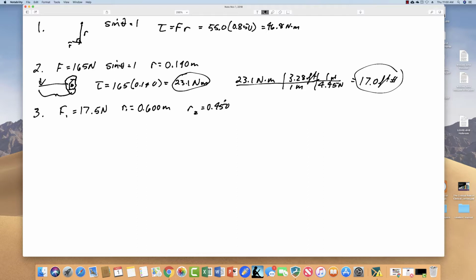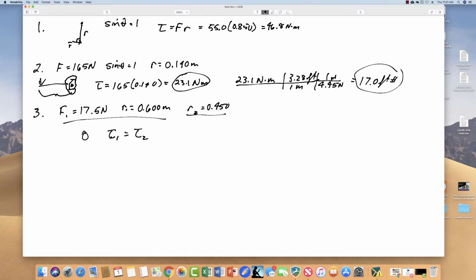Now they're pushing on opposite sides, so what force must this child be pushing in order to counterbalance and prevent motion? The net torque here is going to be 0, so the torque exerted by child number 1 has got to equal the torque exerted by the other child in opposite directions.